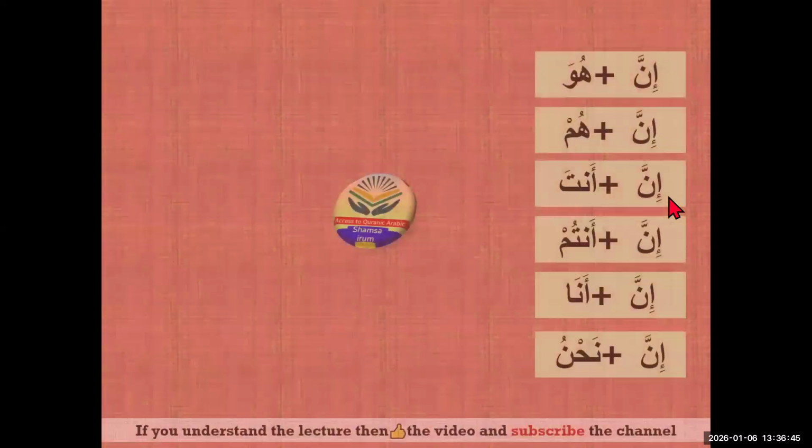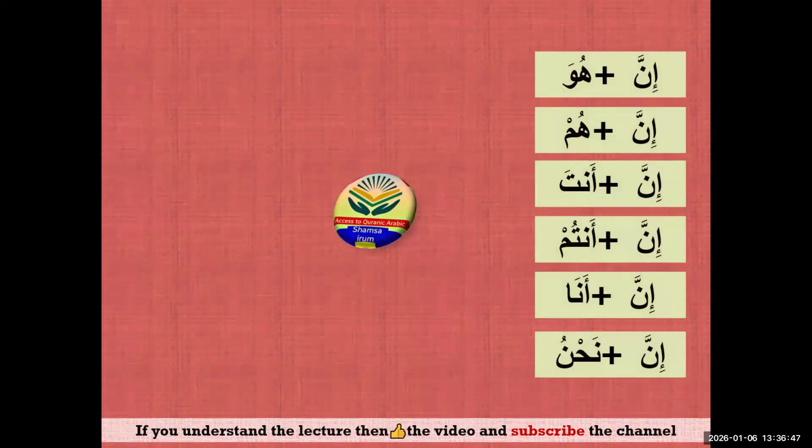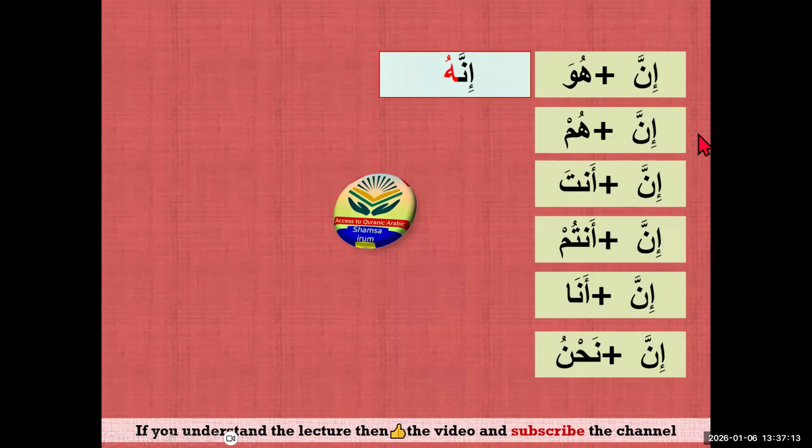Now I will show you how we attach them. All these pronouns are detached pronouns, meaning separate pronouns. When they attach with inna or any sister of inna, it can be la'alla, lakinna, anna, layta, or any other particle of harfu nasiba or haruf mushabba bil fi'l, when they come together, they will be like this: inna hu, not inna huwa.